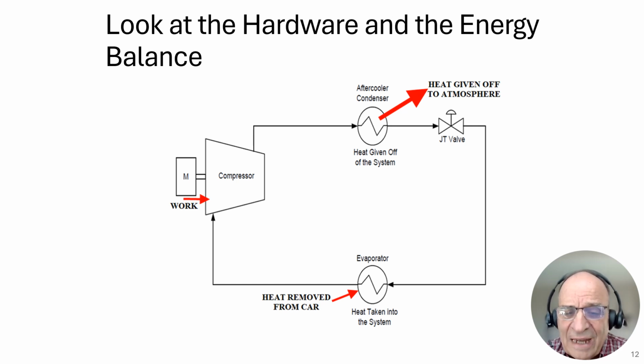And here we have heat being removed from the car cabin and going into the evaporator. And so what's happening to the enthalpy? Well, adding energy, it's increasing. Now you have a higher enthalpy here than you have here. That fluid then goes to the compressor, and the process starts all over again.